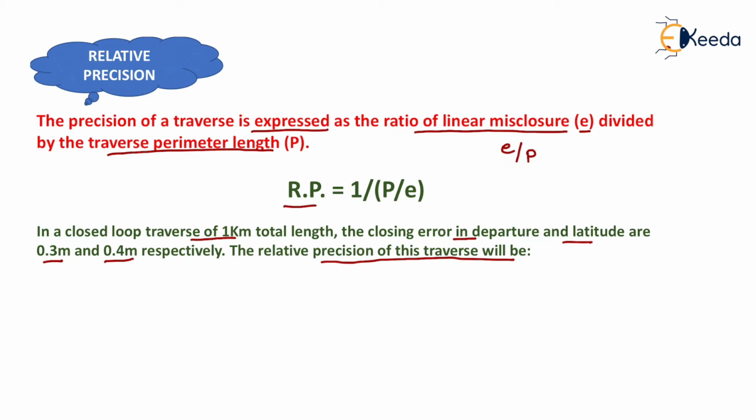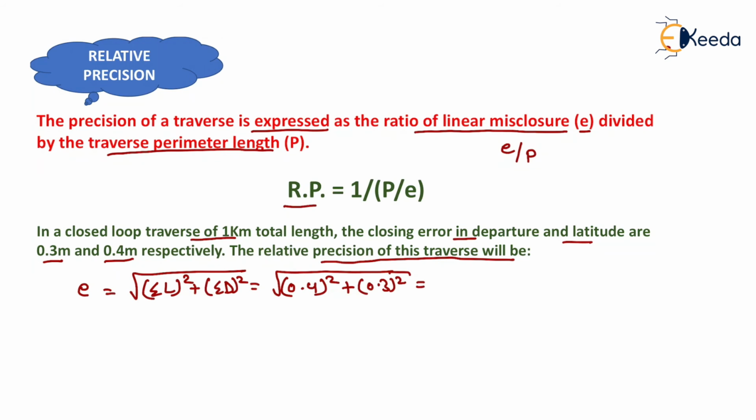Now we have to determine the relative precision of this traverse, for which we need to find the closing error, that is E, and it will be equal to the square root of summation of latitude square plus summation of departure square, which is already given in the question, that is 0.4 whole square plus 0.3 whole square. After solving this, we will get closing error as 0.5 meter.